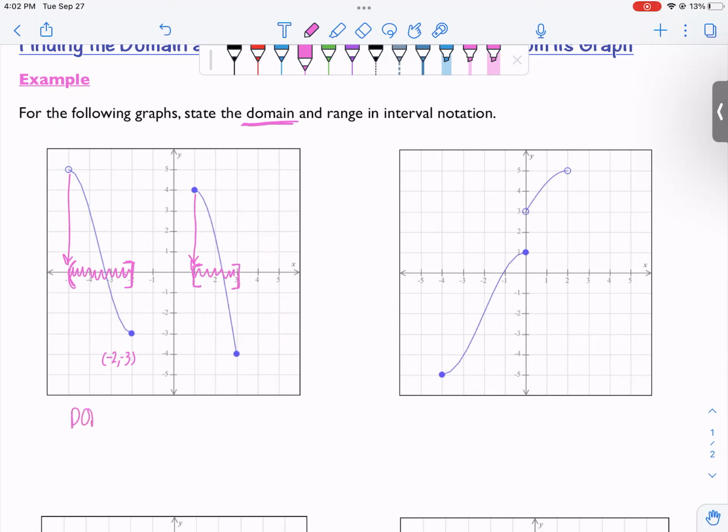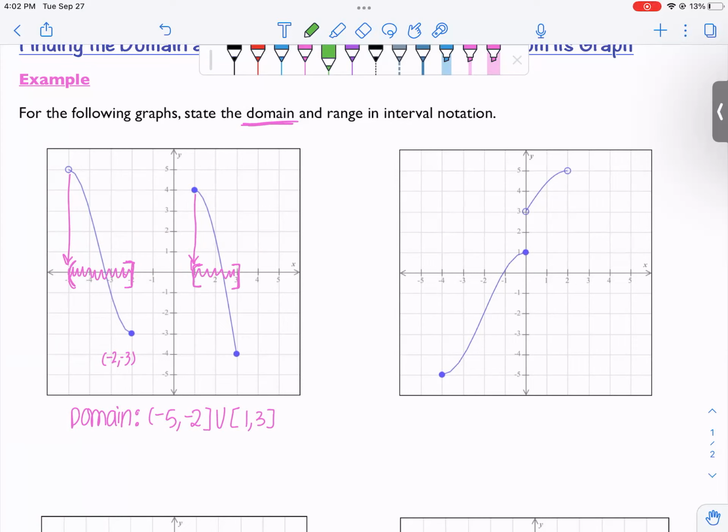Our domain is from -5 to -2, parenthesis on the -5 though, bracket on the -2, union 1 to 3 with brackets on both. We have to do a union because there's a gap in the domain there.